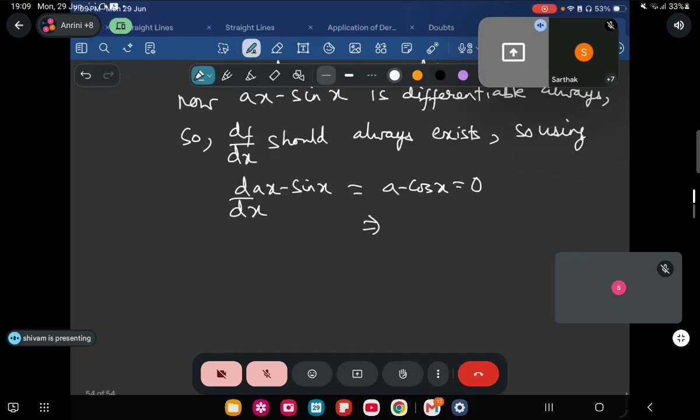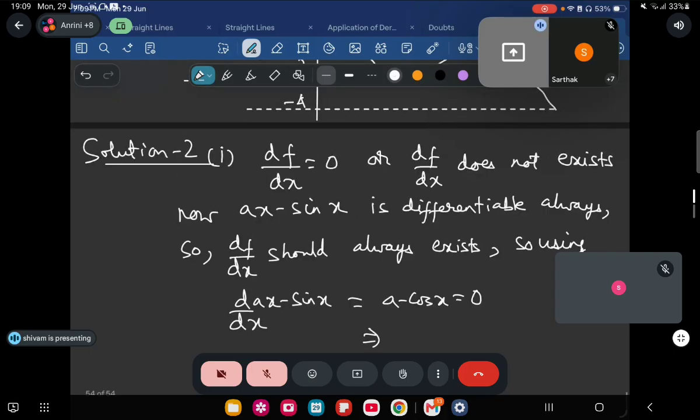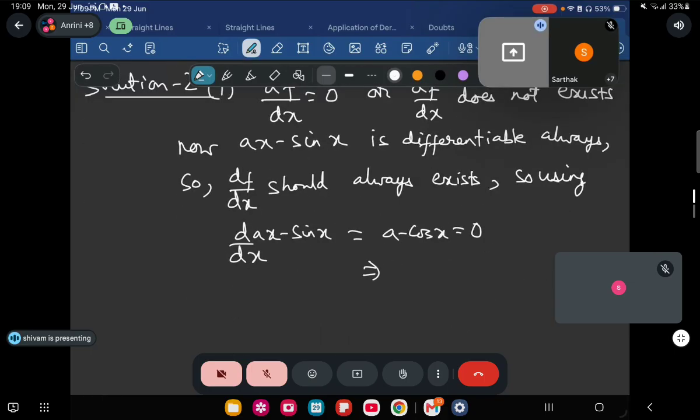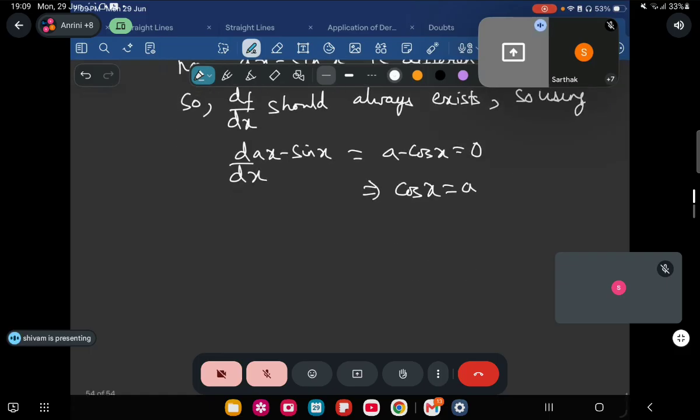If df by dx is equal to zero, that means a will be equal to cos x. This implies cos x should not be equal to a, right? That means a should be outside the range of cos x. Therefore, a belongs to minus infinity comma minus 1 union 1 to infinity.